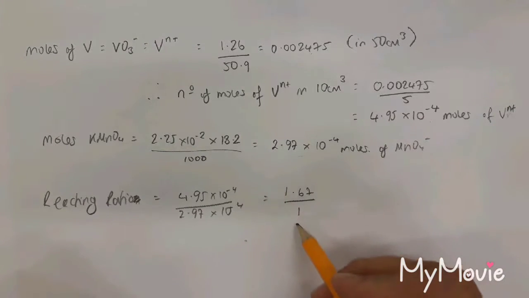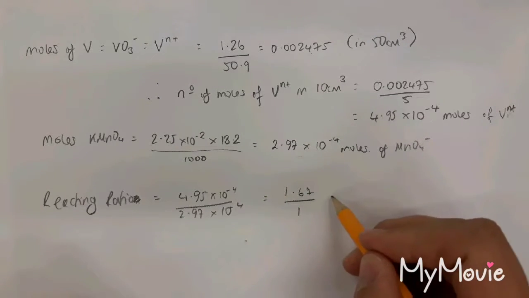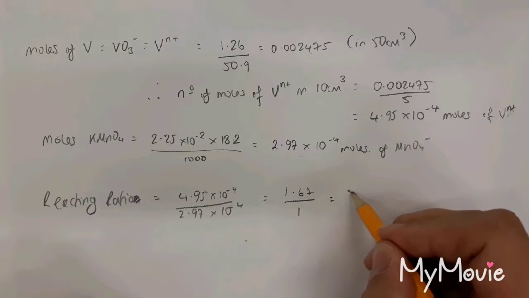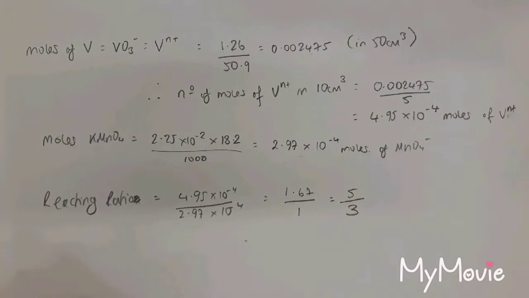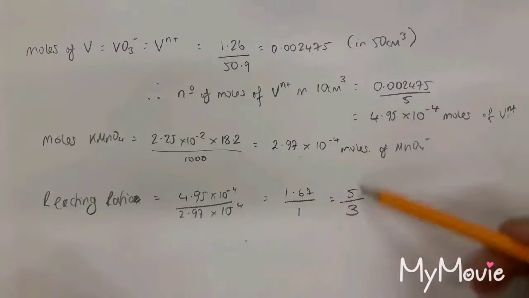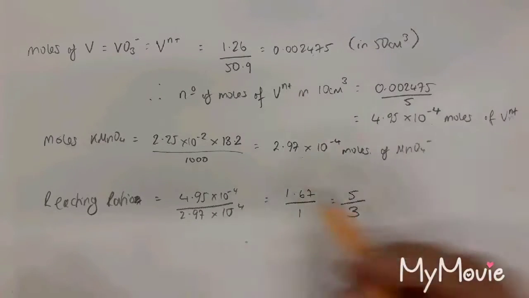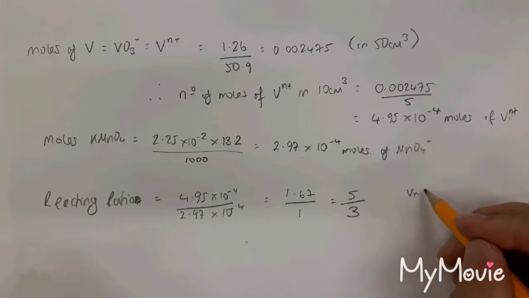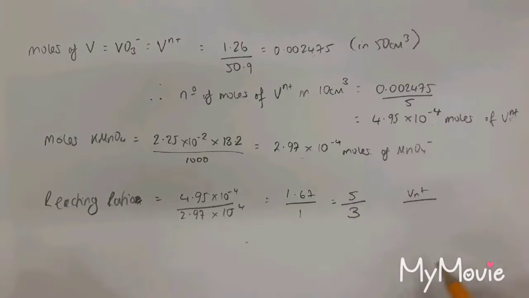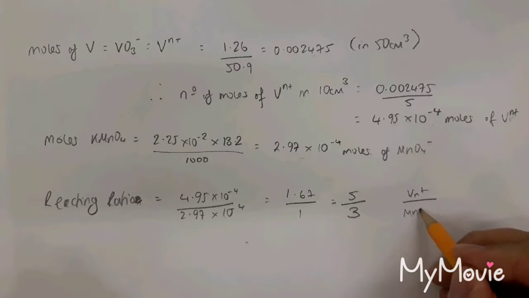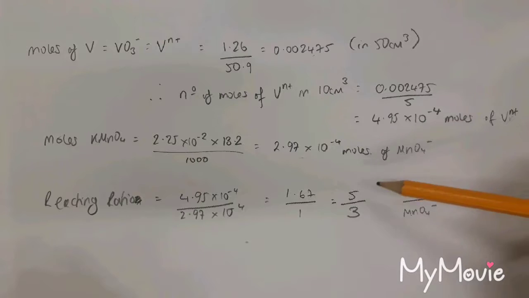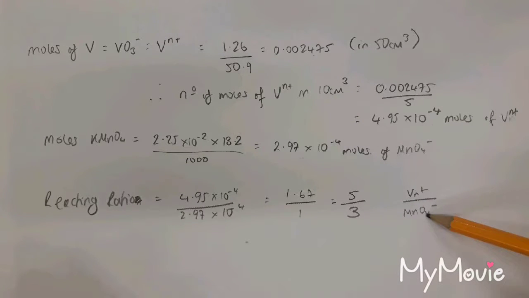The simplest whole number ratio here is going to be 5 to 3. Multiply both by 3 and we'd end up with 5 to 3. So what we've got here is the Vn plus over the MnO4 minus. So 5 moles of the Vn plus ion will react with 3 moles of the MnO4 minus ion.